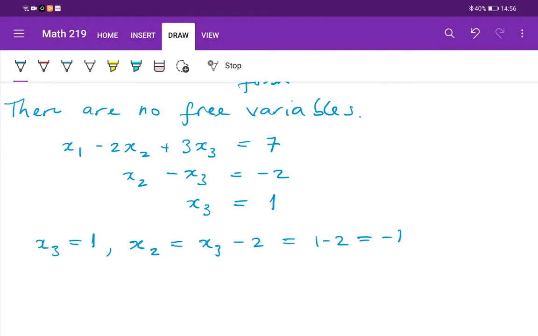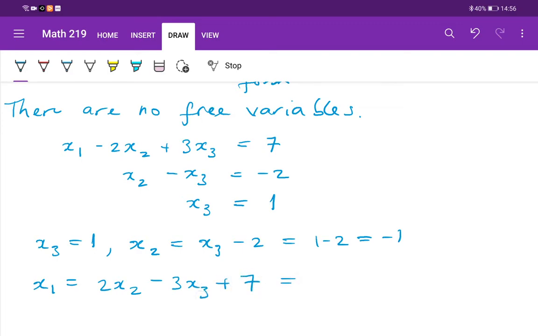And finally, the first row tells us what x1 is. So x1 is equal to 2x2 minus 3x3 plus 7.